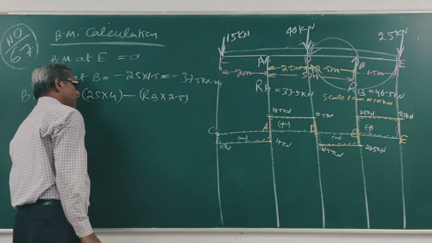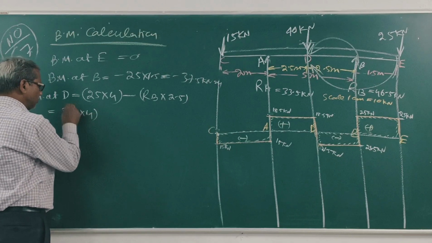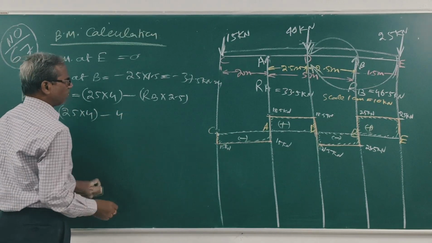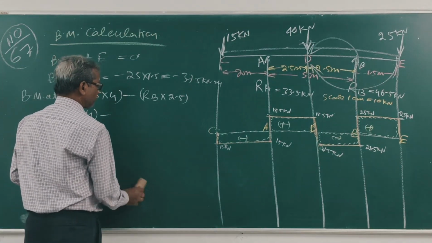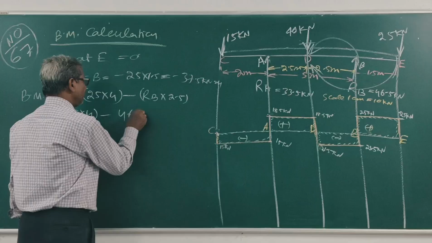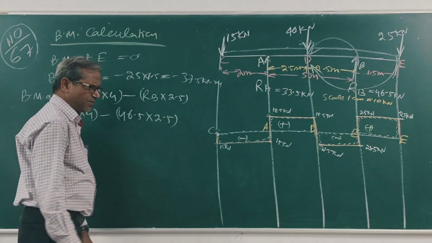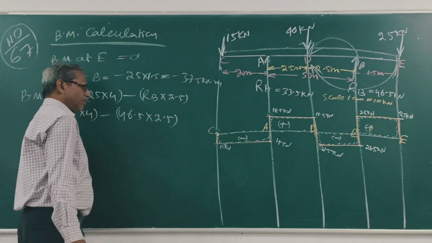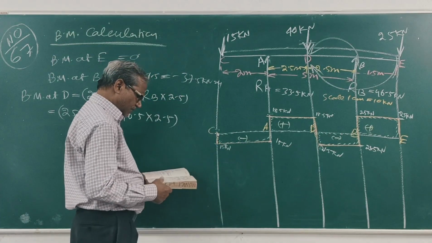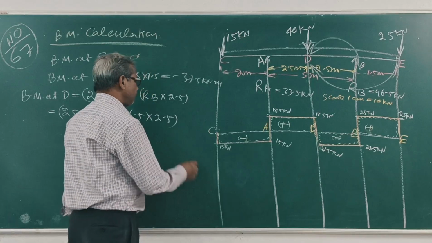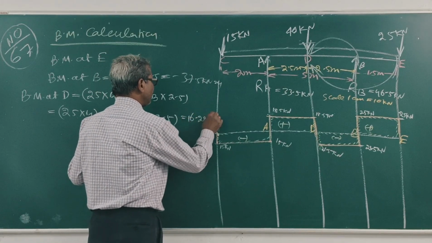Clear? This is 25 into 4 minus RB, which means 46.5. BM at D, so this answer may be 16.25 kilonewton meter.